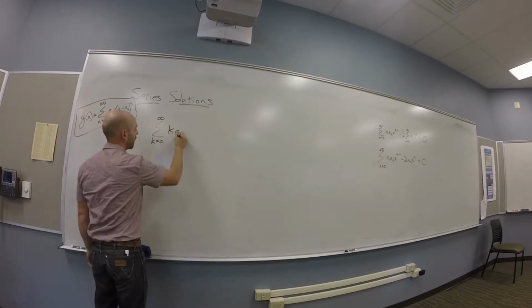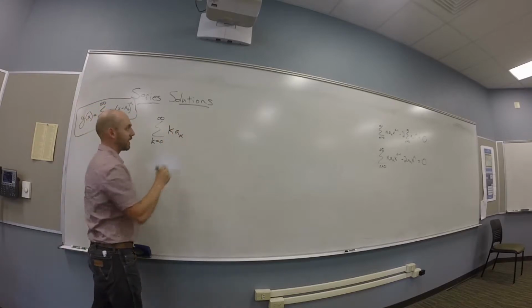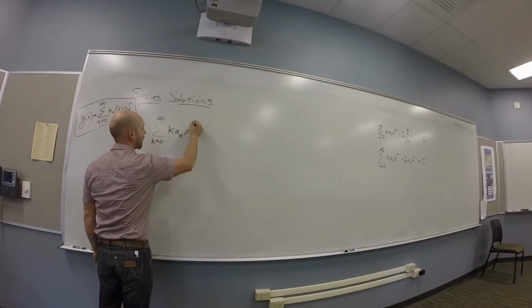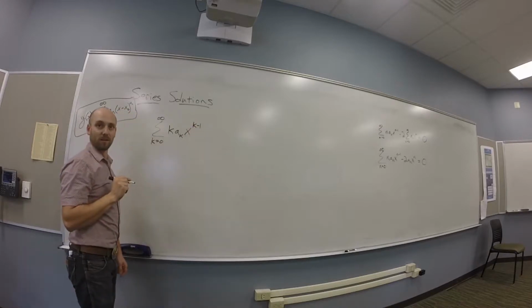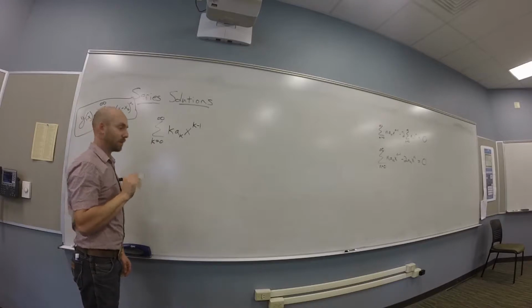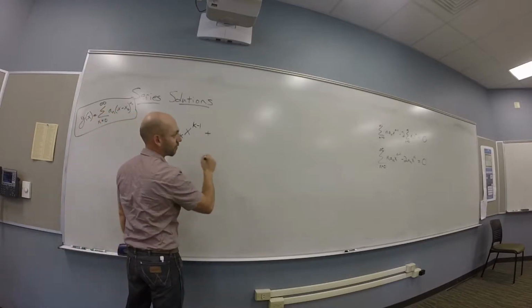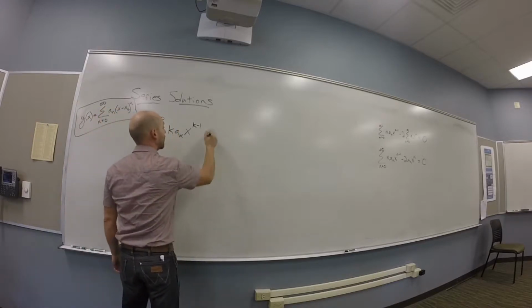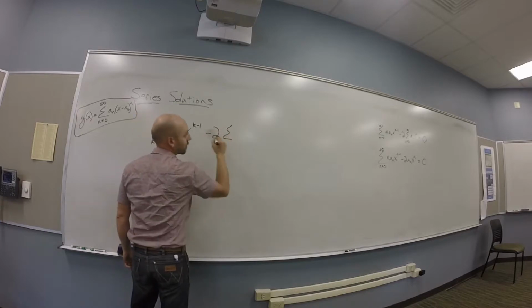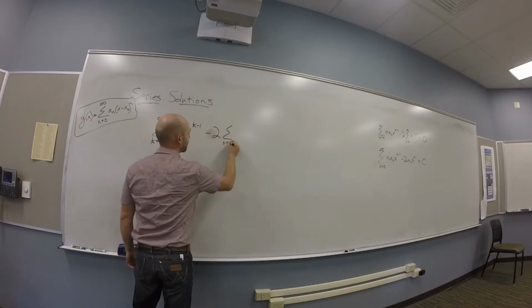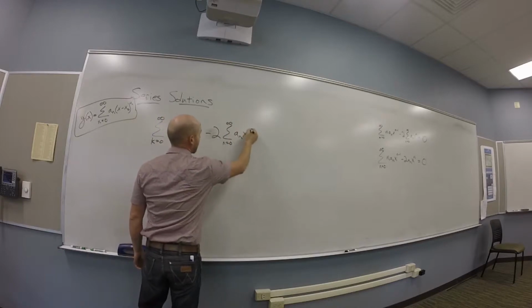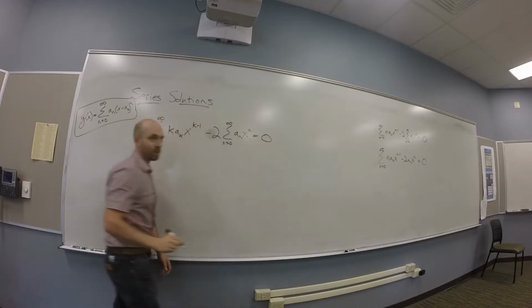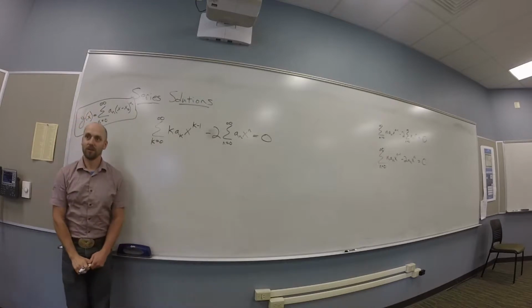So n's a k, x is to the k minus 1 instead of the n minus 1. You see that? And the reason I'm doing this is that I'm going to do something really screwy here in a second. And then I've got my second sum that's minus 2, sum from n is 0 to infinity of a_n x to the n. This is supposed to equal 0. All good with this?